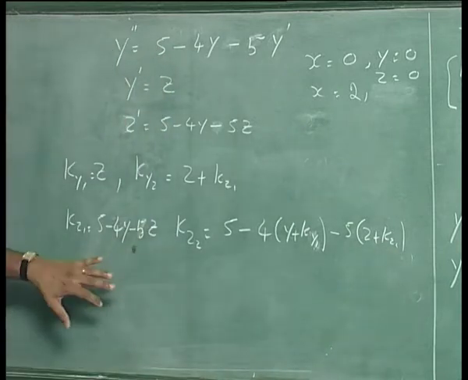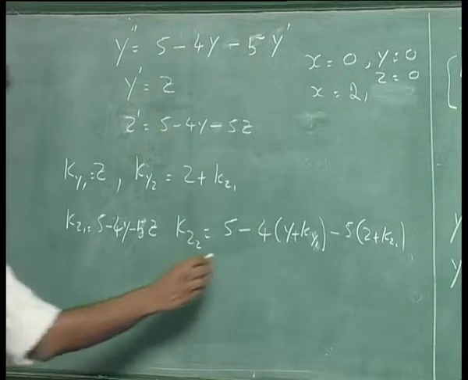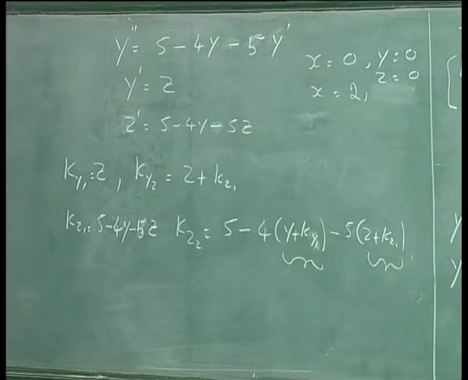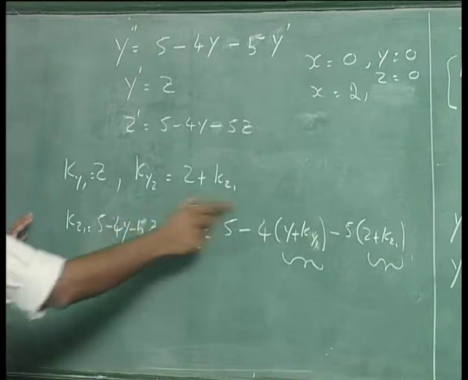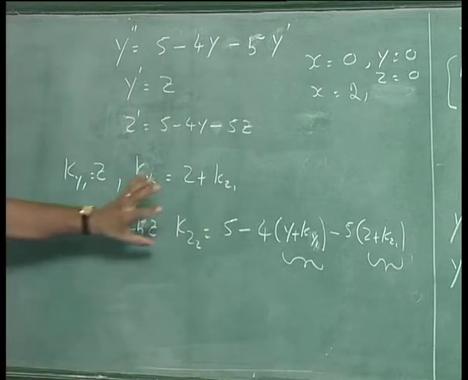Okay. So in this program what I do is I pass this new y value and the new z value into the function, and it will return the right hand sides for both ky2 and kz2. Okay. So that's what it would return.